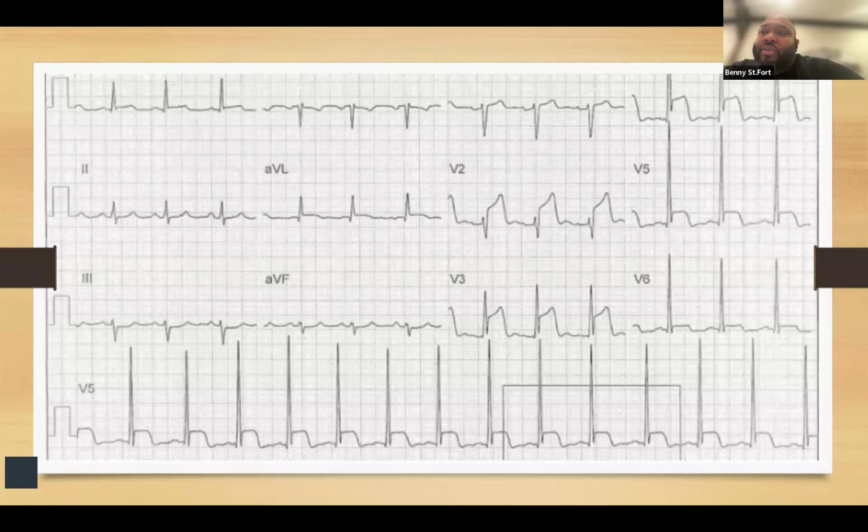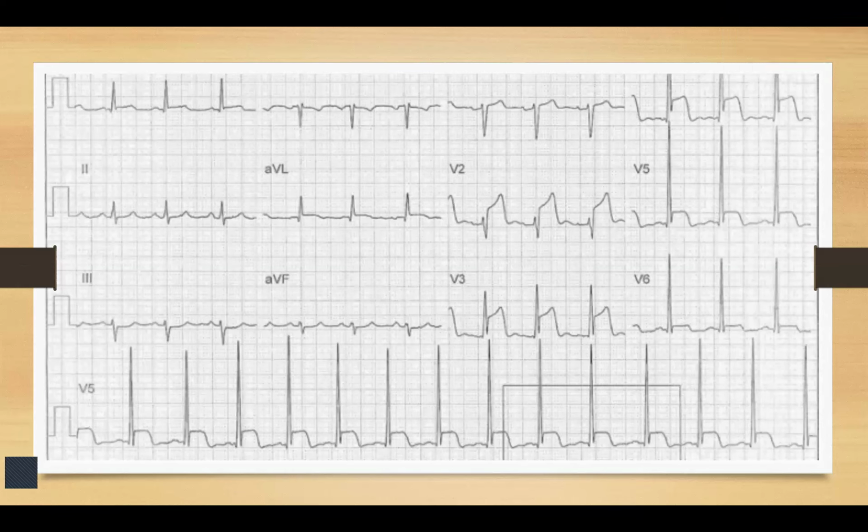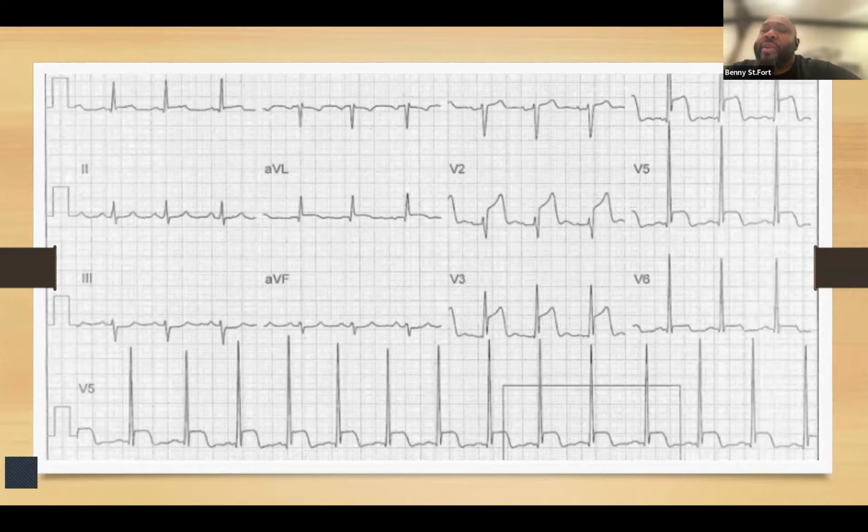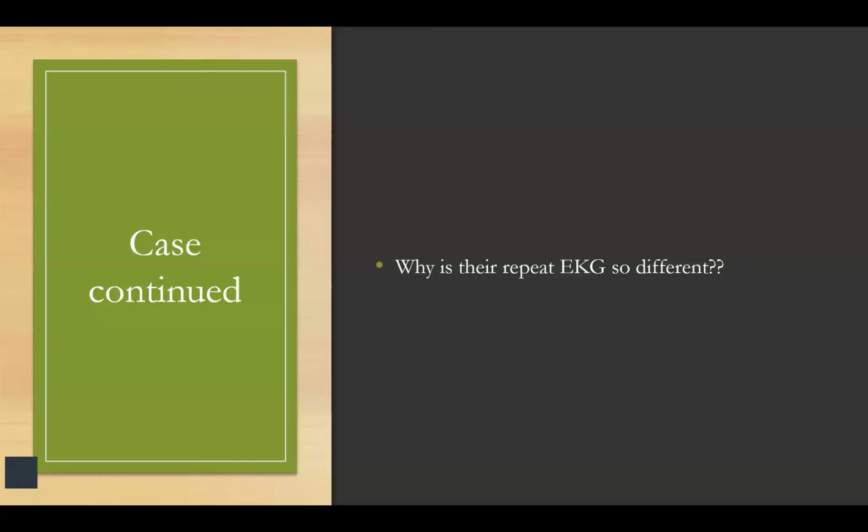So MI, anterior septal MI. Okay. And then give me the rhythm. It is sinus. I think I see a P wave before the QRS. Okay. So now we're going to call it a STEMI or not? Yes. Perfect. We call it a STEMI. Okay. All right.